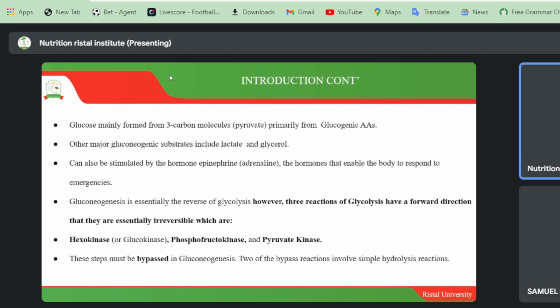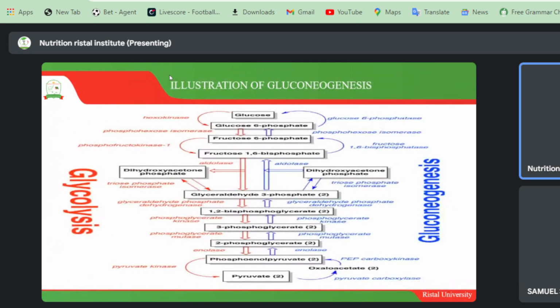Then the second bypass is the phosphofructokinase enzyme catalyzed reaction, and then lastly hexokinase. The last two bypasses, for phosphofructokinase and hexokinase, are simply bypassed by hydrolysis reactions. But for the first bypass, that is the pyruvate kinase, there are a lot of reactions that have to take place, and we shall get to the details later.